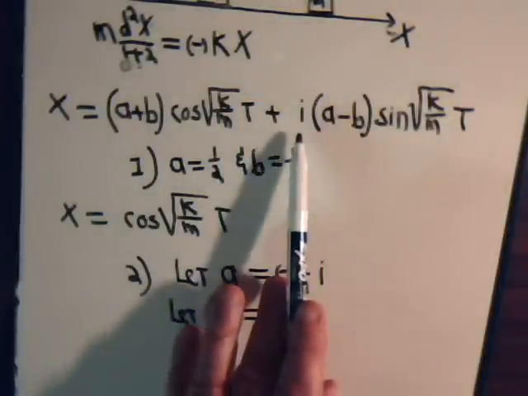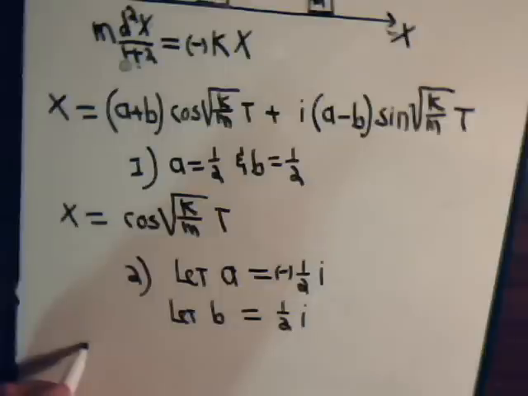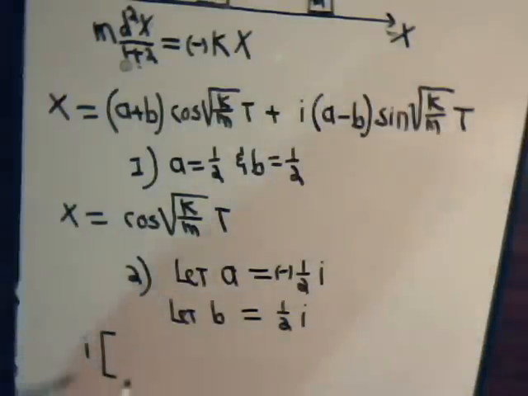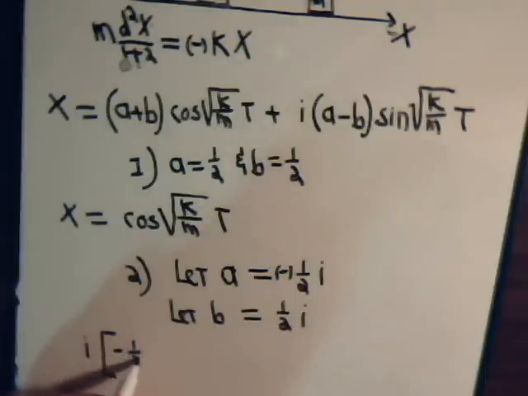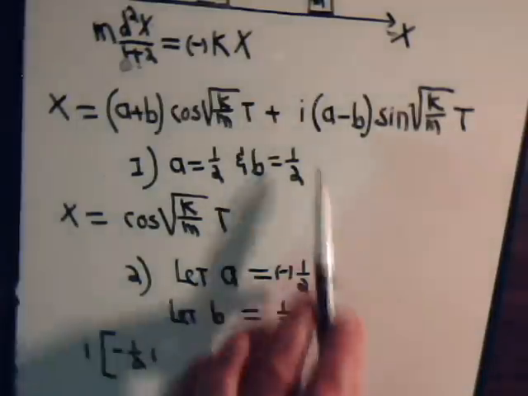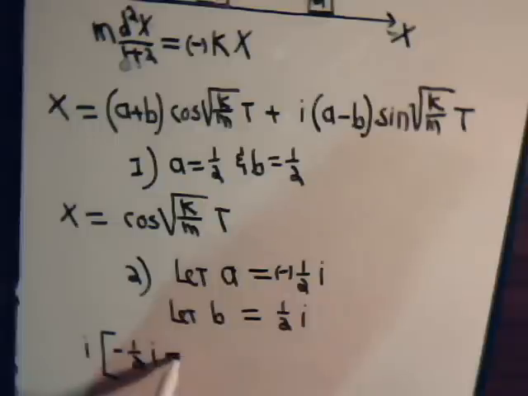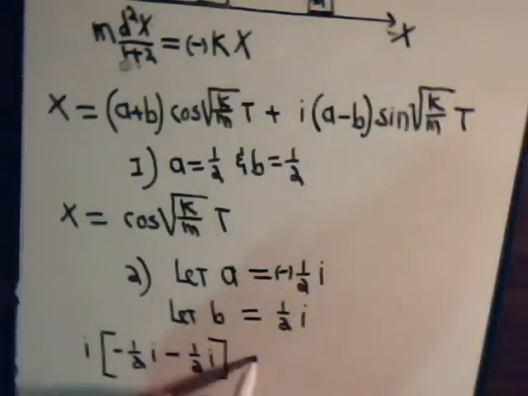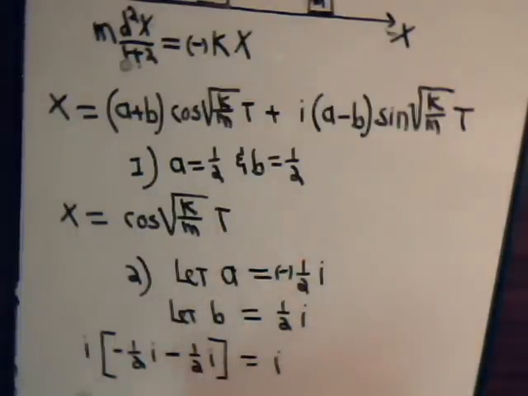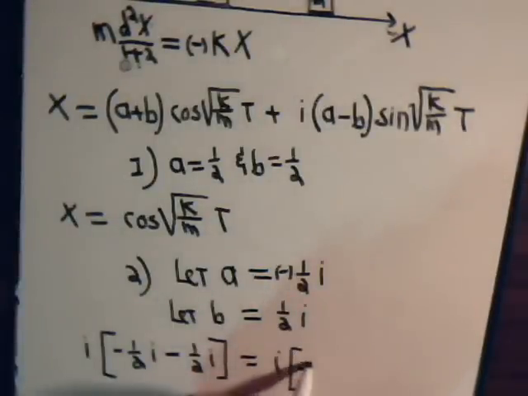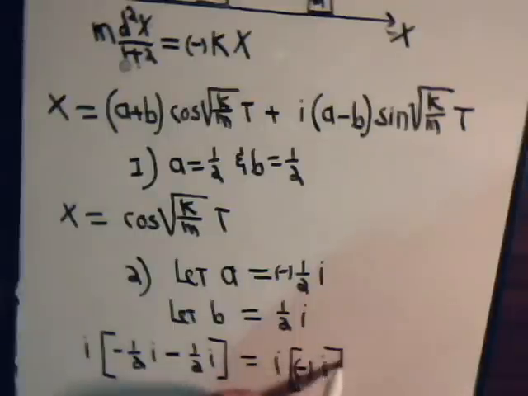Then over here we have i times a minus b. So we have minus 1/2 i, that's a, minus 1/2 i, that's b. And this will equal i times negative 1/2 minus 1/2, which is negative 1. So we have minus i.